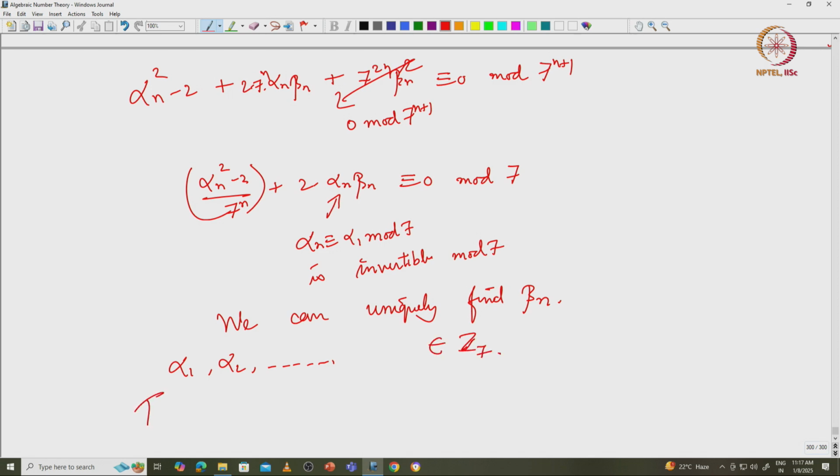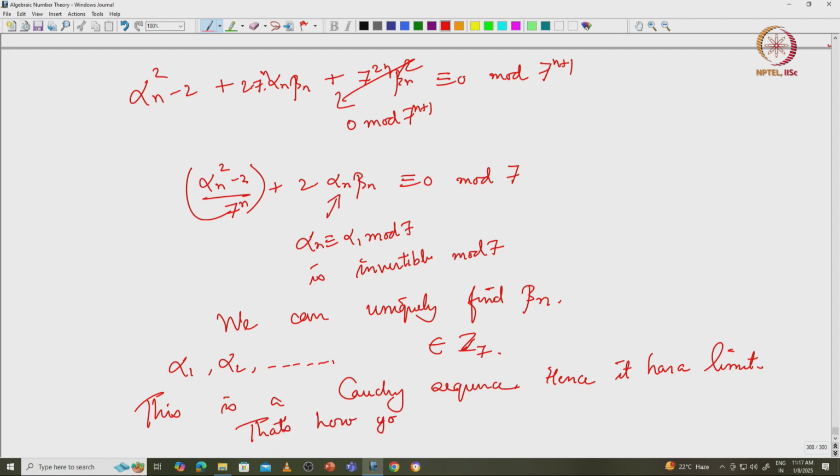Okay. Now, we have a sequence alpha 1, alpha 2 and so on in Z7, and this is a Cauchy sequence. Hence, it has a limit because Z7 is complete. And that is how you get alpha in Z7 such that alpha squared minus 2 is equal to 0.